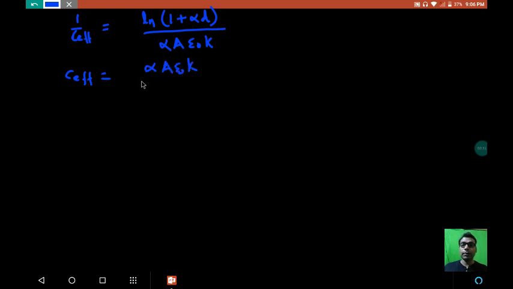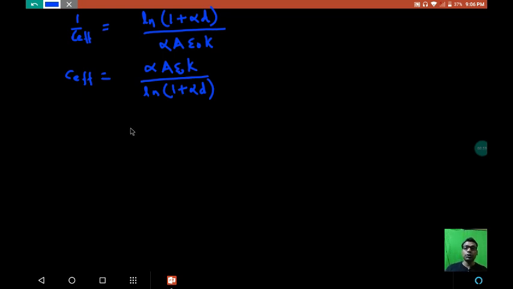As we integrated from 0 to d, we get ln(1 plus alpha d) upon alpha A epsilon naught K. So this is 1 upon C effective. What is C effective? Inverting this, C effective is alpha A epsilon naught K by ln(1 plus alpha d).